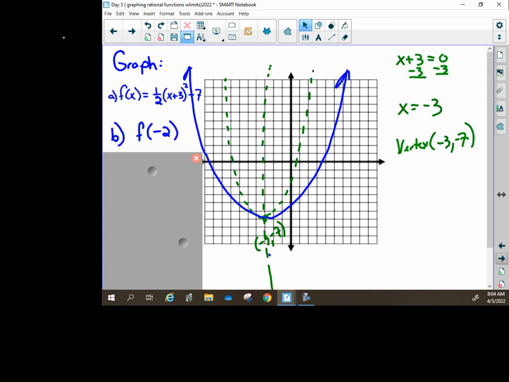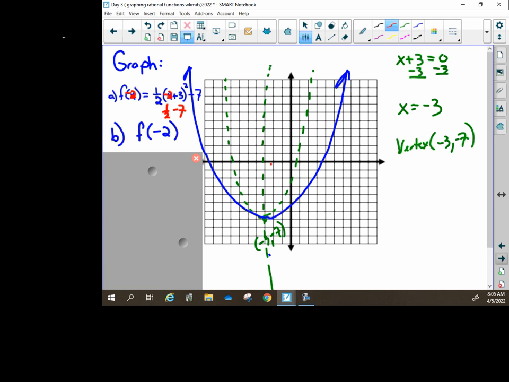Okay, f of negative 2. That means take x, where a negative 2 is right here, and replace it right there with x. We have negative 2 plus 3, which is 1. 1 squared is 1, times 1/2 is 1/2. 1/2 minus 7 is negative 6.5.